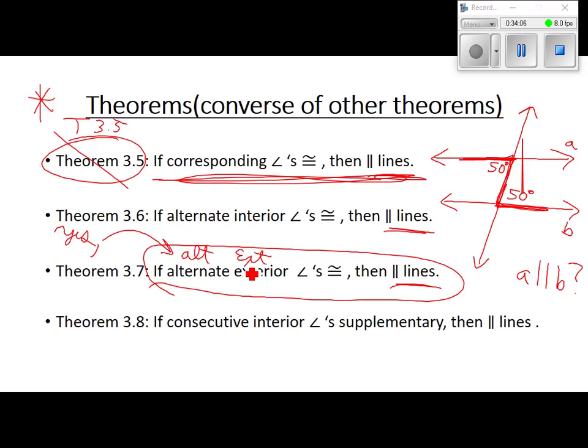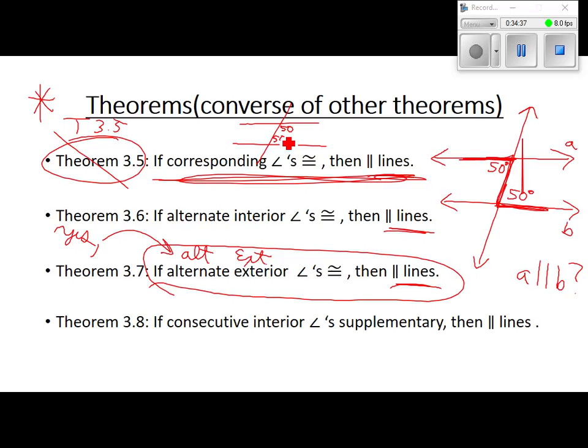Now what if I did something like this one? I know it'll come up at some point throughout this chapter. If I told you this angle was 50 degrees and this angle right here is 50 degrees, are those two lines going to be parallel to each other? What kind of angles are those two? Are they corresponding angles? Alternate interior angles?